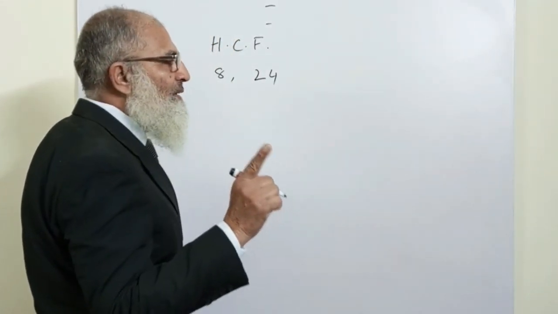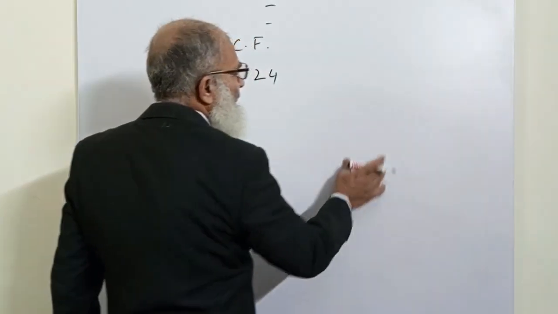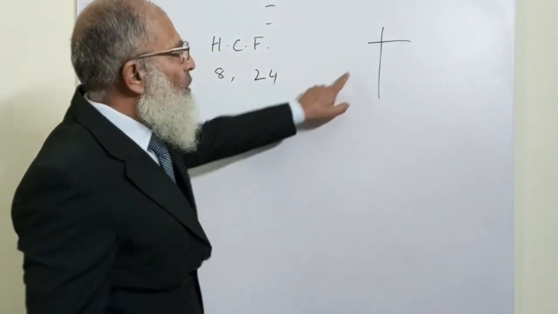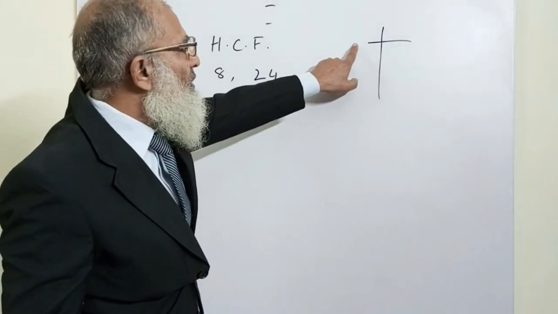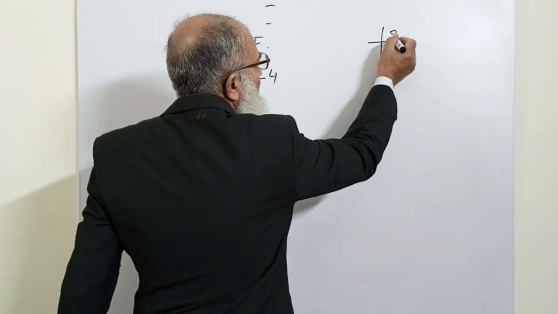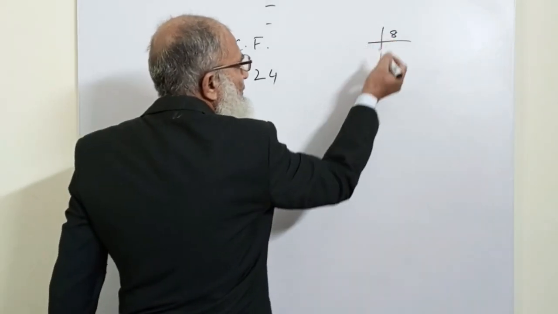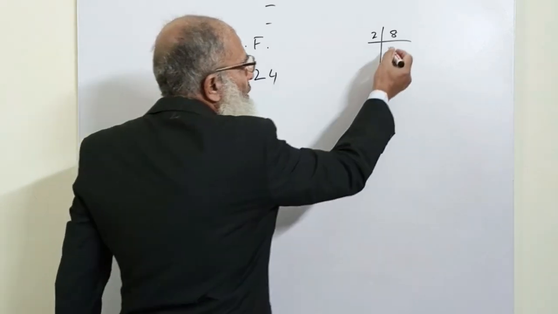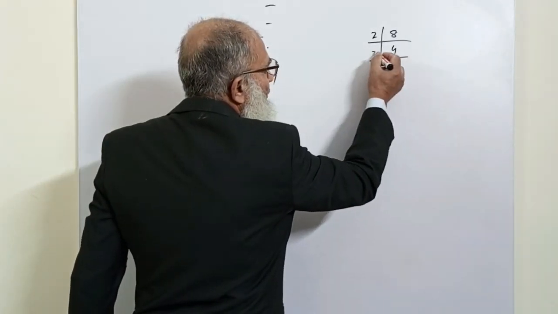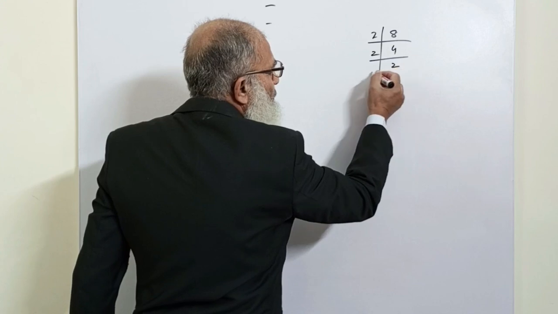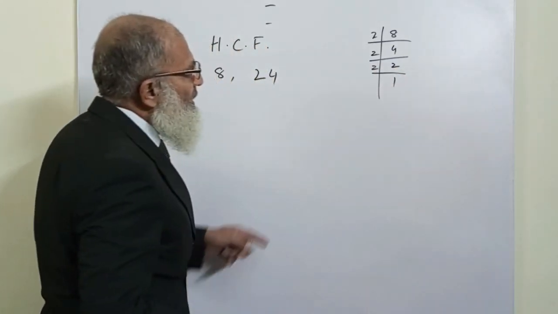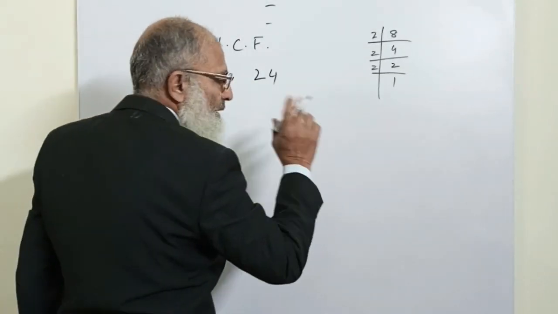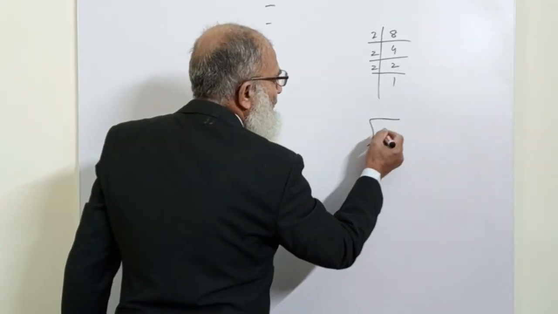There is one method still pending with me, and that is when you have to find the factors, you draw a T-like cross, and write the given number here, and then start with the lowest prime number, and that is 2. Now 2 4s are 8, and 2 2s are 4, and 2 1s are 2.